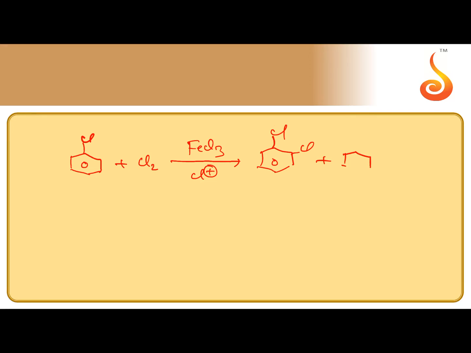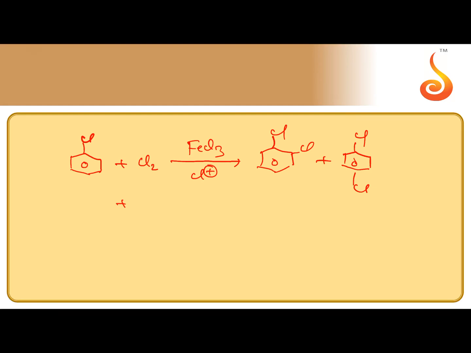So if you take bromination or chlorination, when chlorobenzene is reacted with chlorine in the presence of FeCl3, the incoming electrophile Cl plus attacks once at the ortho position and once at the para position. So we get ortho dichlorobenzene as well as para dichlorobenzene.